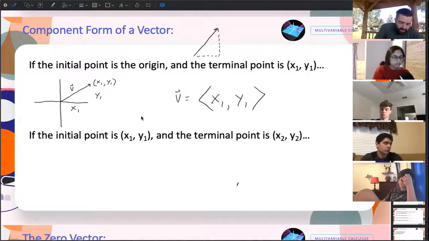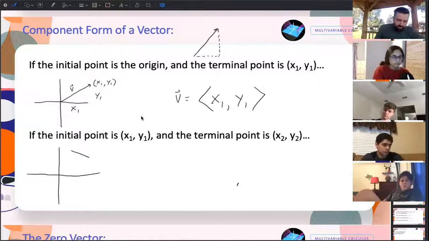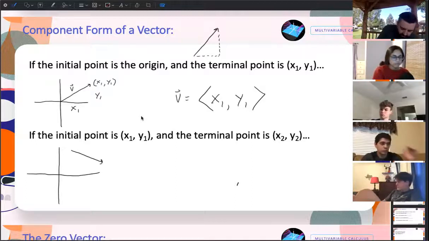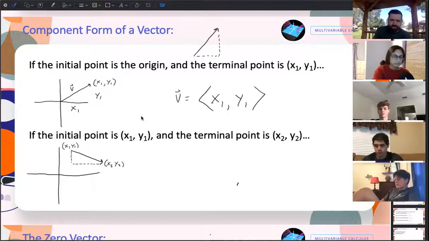If it's not at the origin, remember that that doesn't really matter, but we're still looking for this distance that we've moved here and this distance that we've moved here. And it's still super easy. If this is x2, y2, and x1, y1, that distance is really easy to find, right? We just subtract.